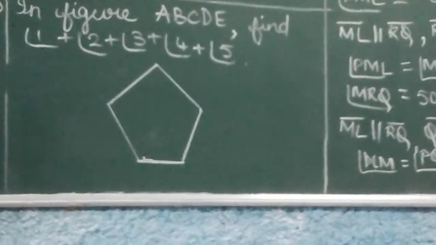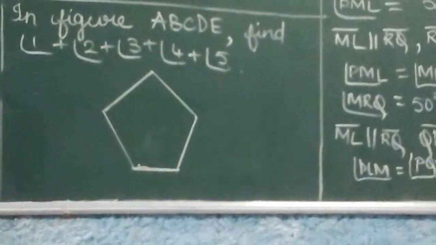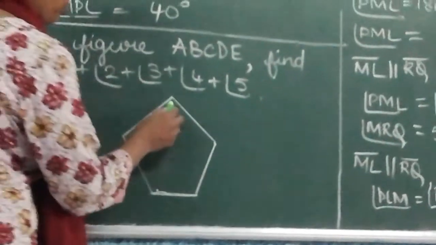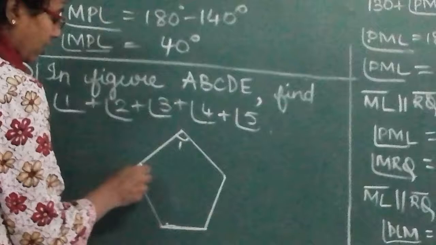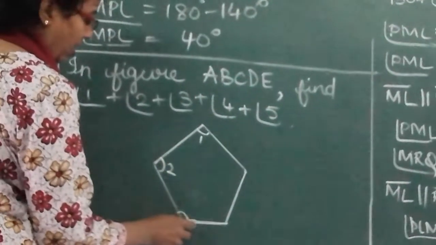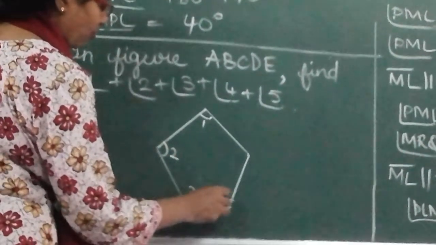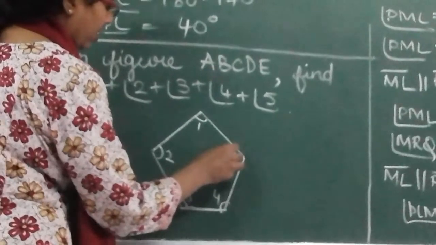So here they have given the figure in which 5 angles are formed. Here this is angle 1, angle 2, angle 3, angle 4 and angle 5.